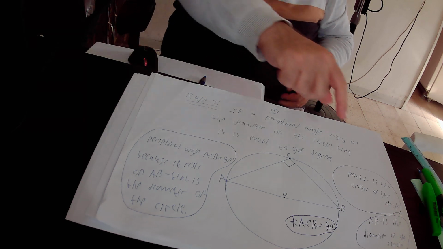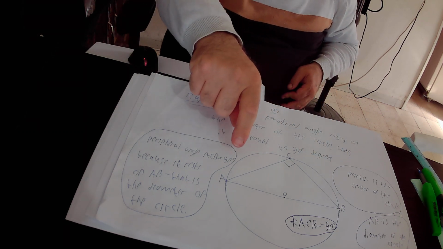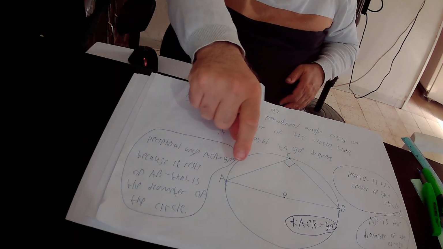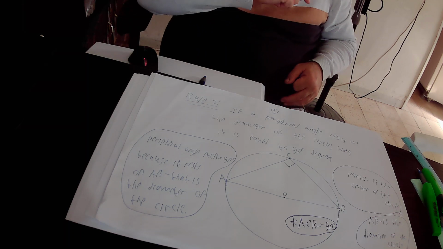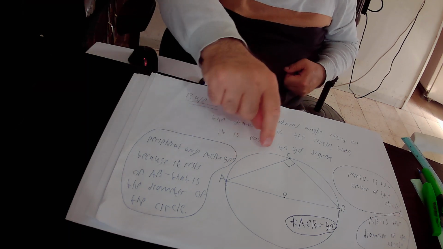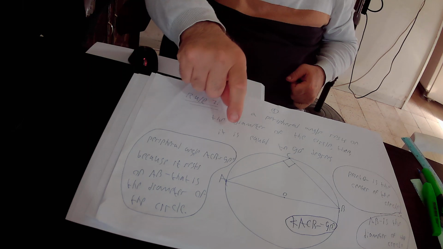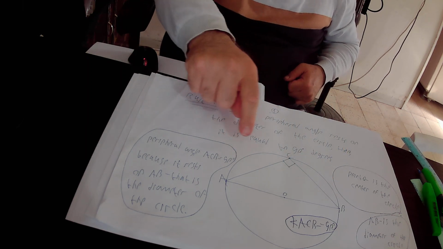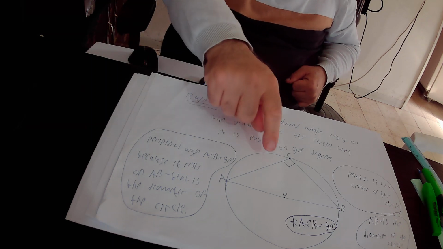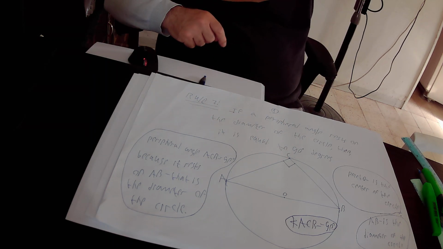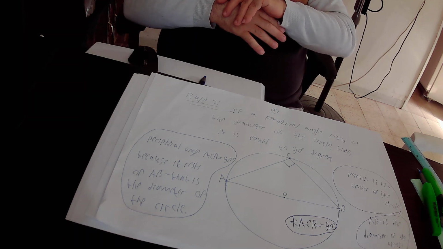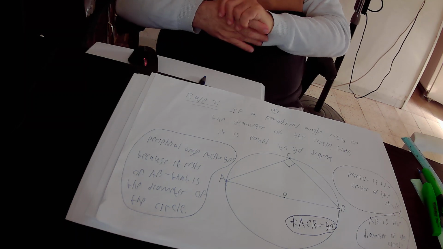So in the drawing we have a circle, and this line segment AB is the diameter of this circle, and here this is peripheral angle ACB, that is subtended on AB, the diameter of the circle, and therefore peripheral angle ACB equals 90 degrees. So whenever you have a peripheral angle that is subtended on the diameter of the circle, it must be equal to 90 degrees in its size.